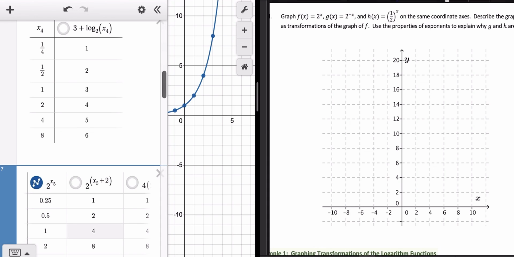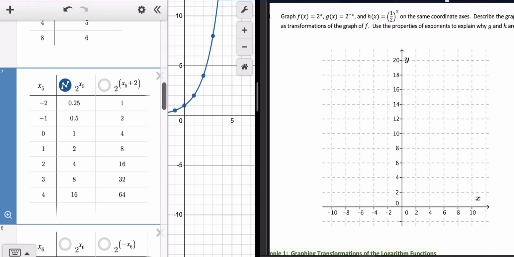All right, so what's going to be happening here? What's the difference between f of x and g of x here? Well, we got a negative exponent, right? So what's going to happen with a negative exponent?